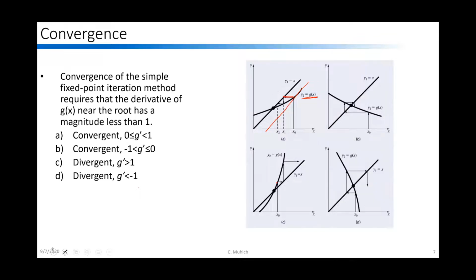And the same thing is going to hold if I have a derivative that's less than -1. So if the derivative has a magnitude of greater than 1, we're going to be in that divergent solution. So not one of the solutions that we're looking for.